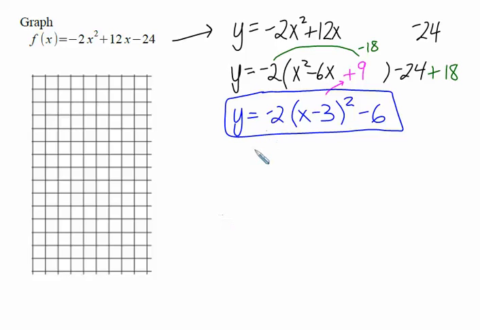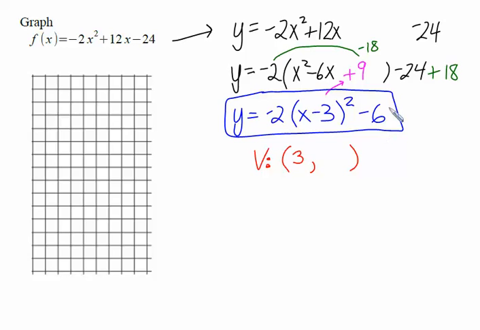Now we want to identify its vertex. That's like the center point. What value of x would we plug in to make the parentheses 0? That would be x equals 3. So that is the x-coordinate of the vertex of our parabola. The other way to look at it is simply change the sign on the number.